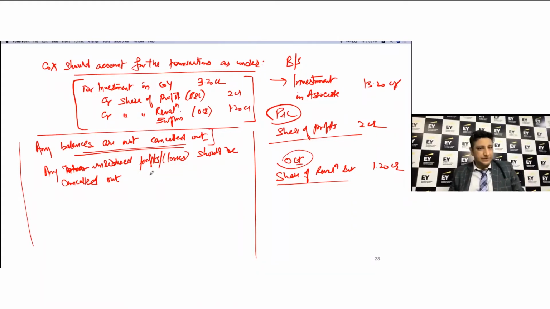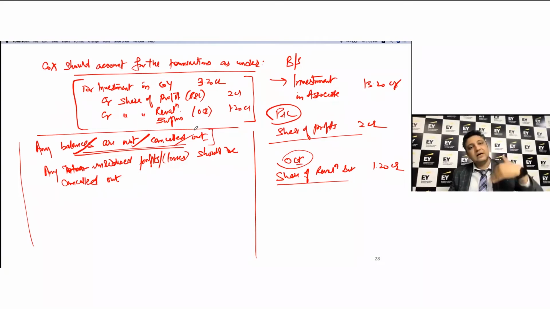So the key difference from what we do in consolidated financial statements, for transactions between the parent and the subsidiary: the balances are cancelled because they inflate the numbers. They get duplicated and the balance sheet appears to be higher. Even transactions like sales or purchases or interest payments or interest received all get cancelled out. All those intra-group transactions get cancelled.